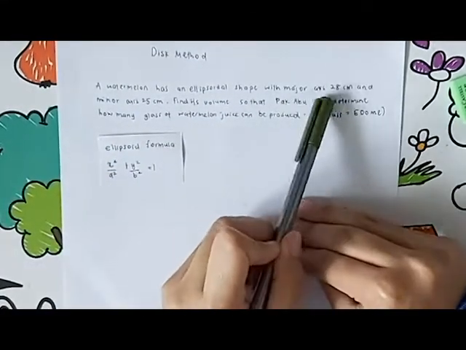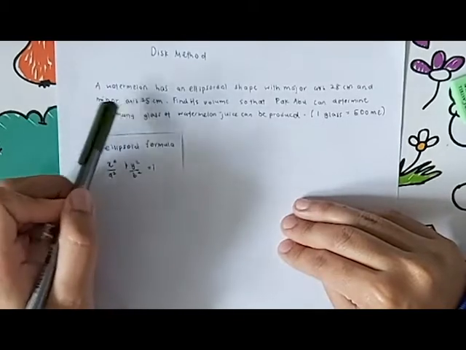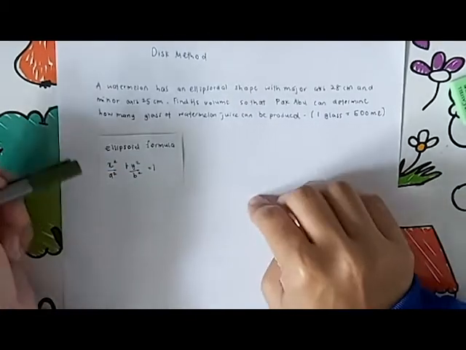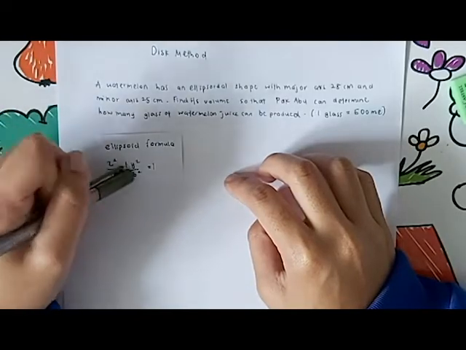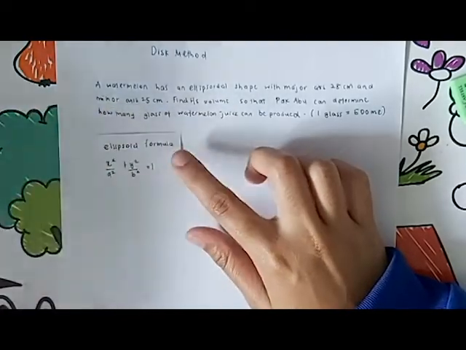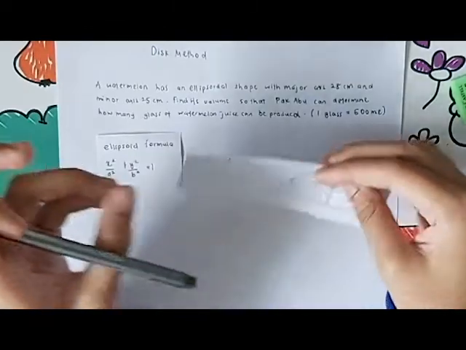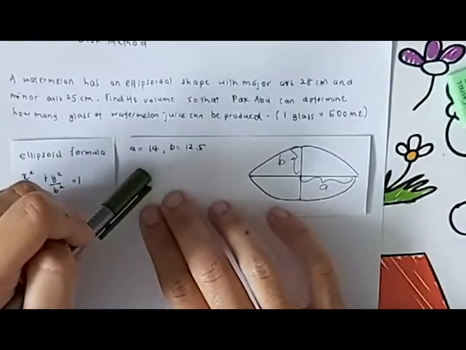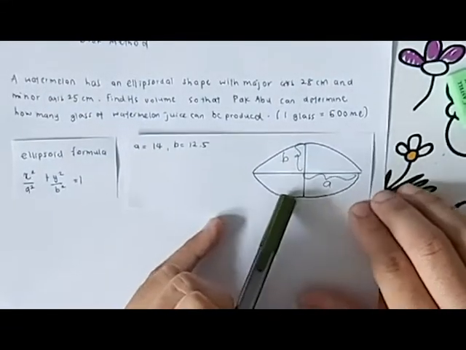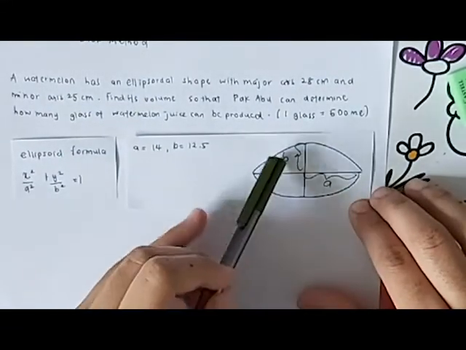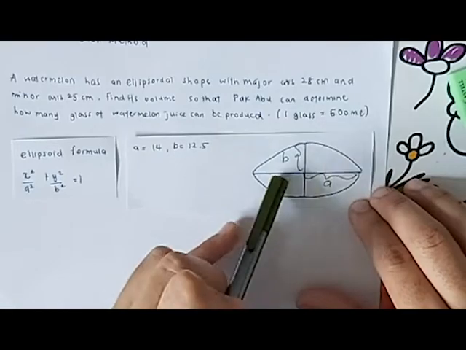Okay, so it is given that the major axis is 28 cm and the minor axis is 25 cm. But we want to find the value of a and the value of b. How do we find that? a is 14 and b is 12.5. Why is that? Because a is half of the major axis and b is half of the minor axis.